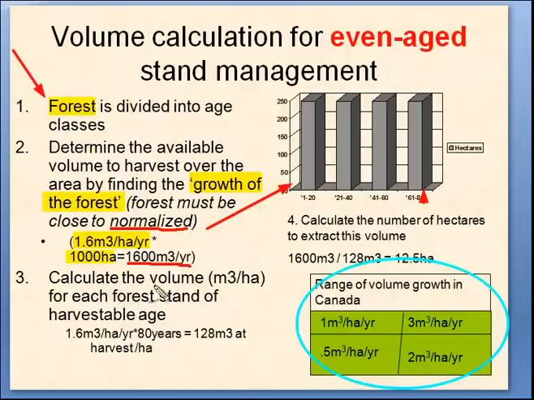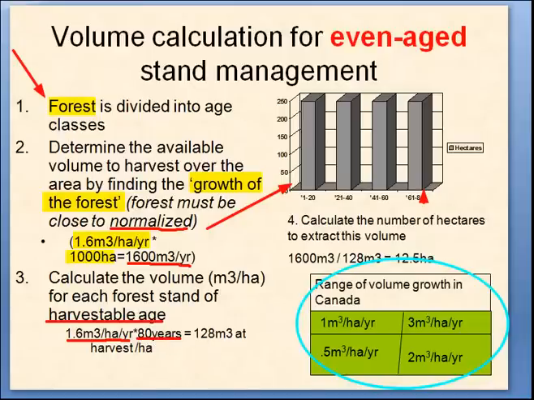So you calculate the volume for each forest stand of, here's the key word, harvestable age. So, harvestable age, we're going to say any forest that's 80 years of age. So you go 1.6 meters cubed per hectare per year, right? So that's how much the forest grows per year, times 80 years.